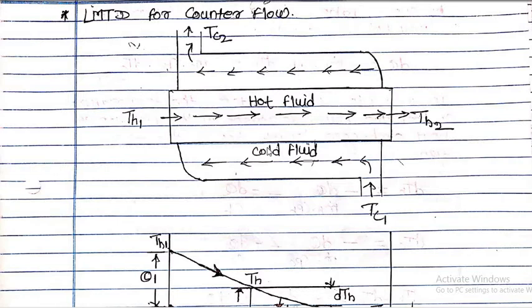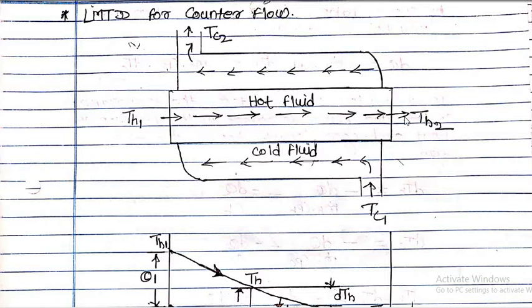That is nothing but a tube in tube heat exchanger. Now through the small tube, the hot water is flowing in this direction. So hot water entered inside the heat exchanger from this direction, and it will leave the heat exchanger from the other side.